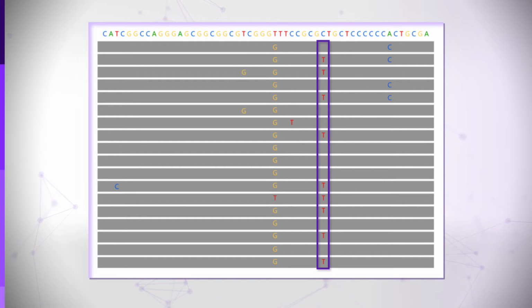Similarly, if we see that about 50% of the reads contain the reference nucleotide in a certain position, but about 50% show another nucleotide at this position, we know that the DNA is heterozygotic for a mutation at this position.